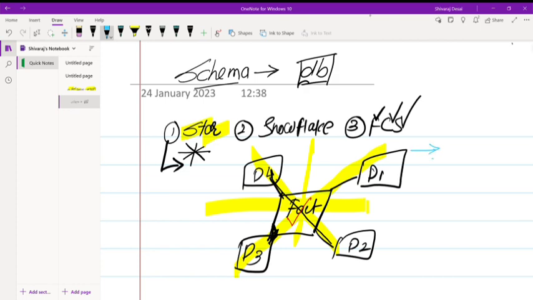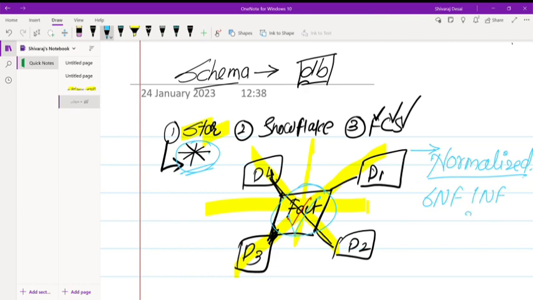So how can you identify whether it is a star schema? In the star schema, the fact table is in normalized form. You might have heard about normalization, which has six normal forms, from 1 to 6.